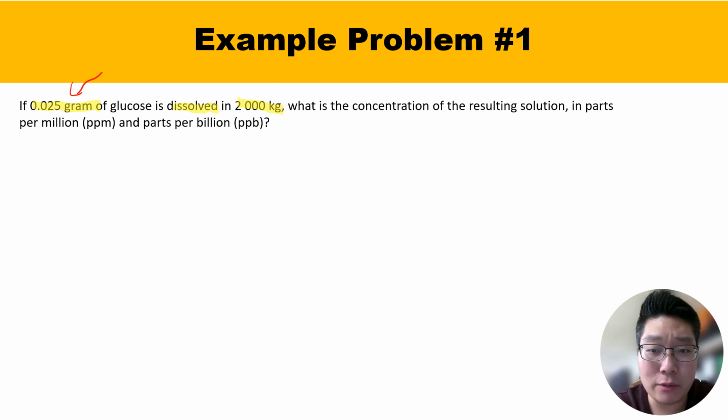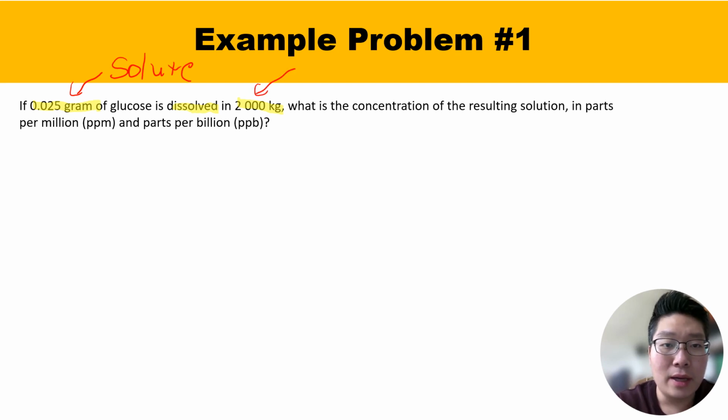It didn't really say what solvent type it is. However, water is a universal solvent. It dissolves most of the material, so we can just hypothetically say that. So it's not the best problem I chose. But regardless, glucose is being dissolved. That's an indirect way of saying that this is a solute. On the other hand, 2,000 kilogram is my solvent.